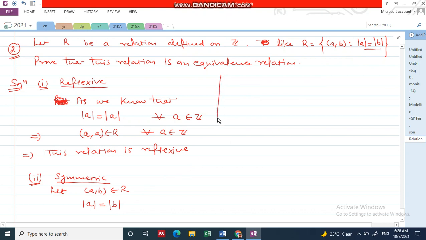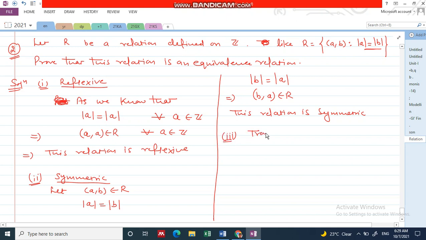Or we can say that the magnitude of B is equal to the magnitude of A. So it implies that (B, A) is also a member of R. So this relation is symmetric.